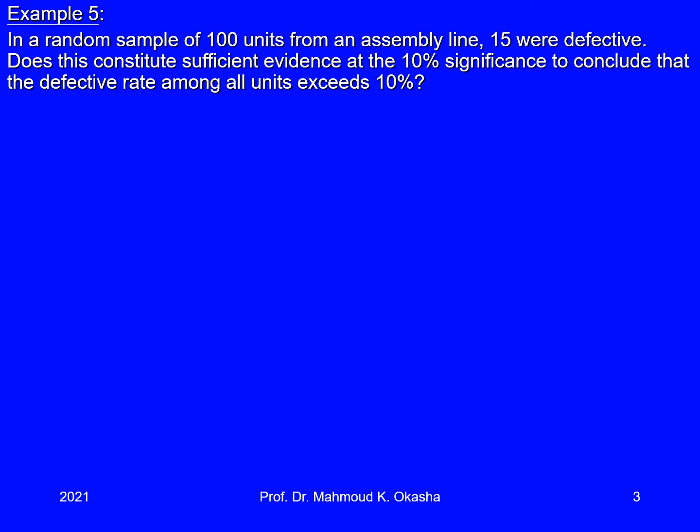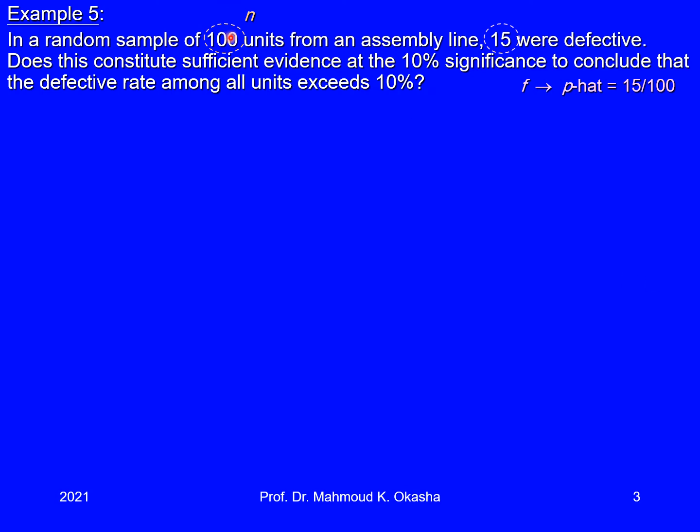Does this constitute sufficient evidence at the 10% significance level to conclude that the defective rate among all units exceeds 10%? Is there significant evidence to conclude that the defective rate among the population exceeds 10%? That is what we are going to discuss.